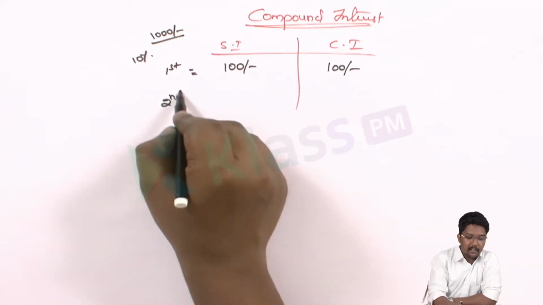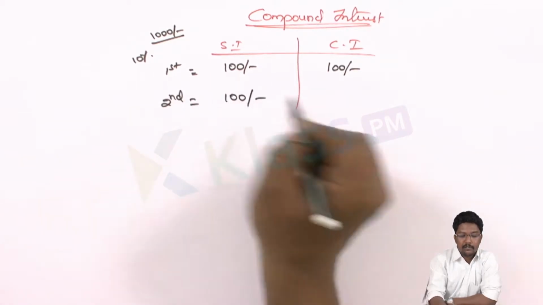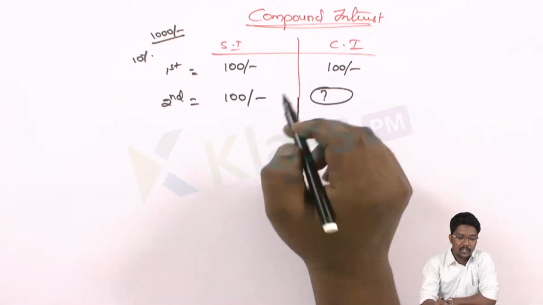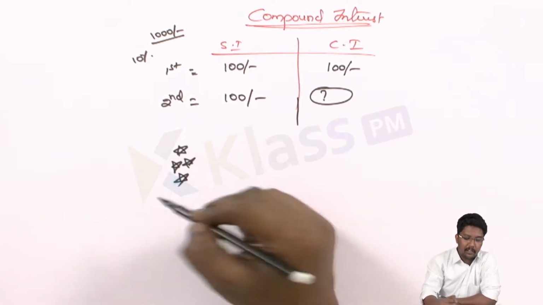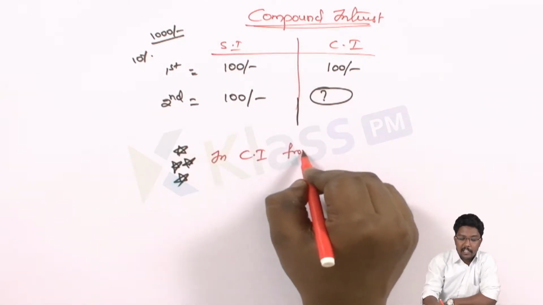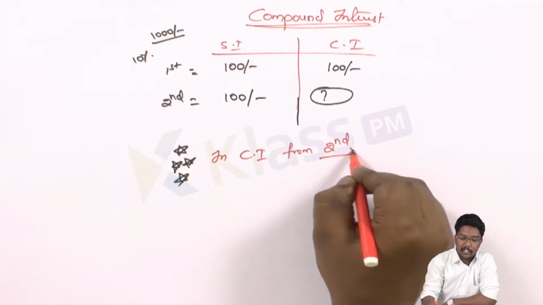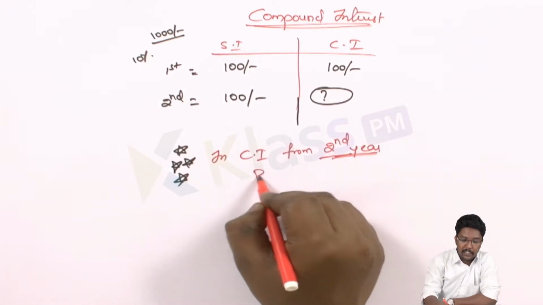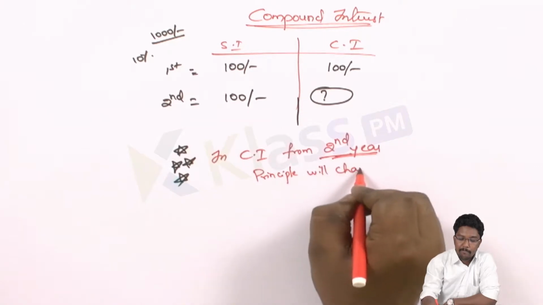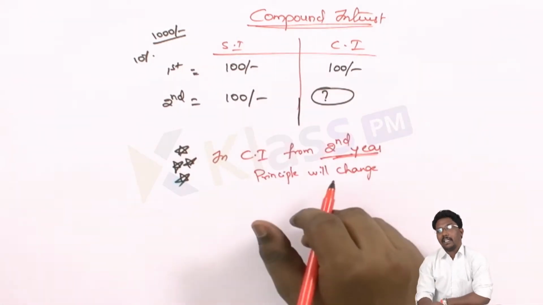For the second year, I have to pay 100 rupees only in simple interest. But in compound interest, it will change. Why? Because the important thing in compound interest is that from the second year onwards, the principal will change. What is the principal in the second year?